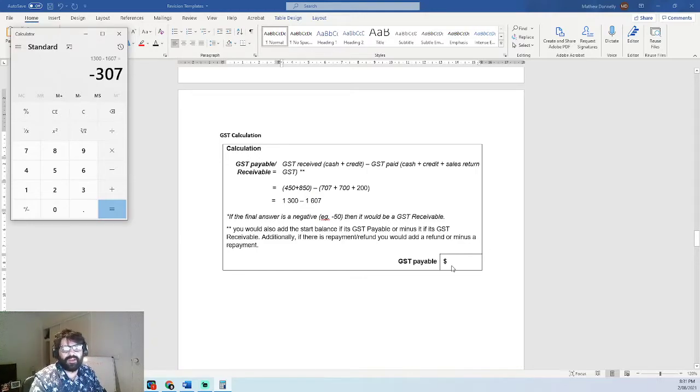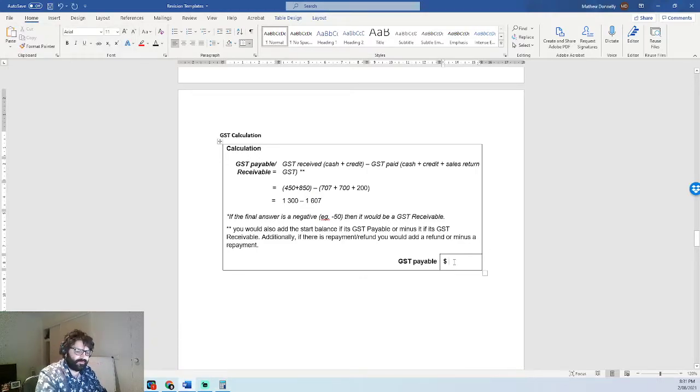If it's a negative, like it is in this case, so it's a negative 307, we see that it is a receivable. Remember, you would add the start balance if it's a GST payable or minus if it's GST receivable. Additionally, if there is a payment refund, you would add a refund minus a repayment.